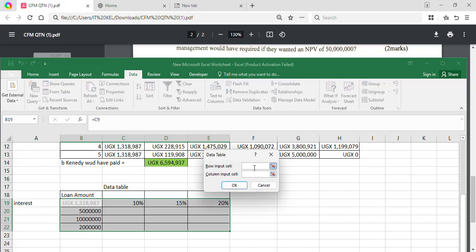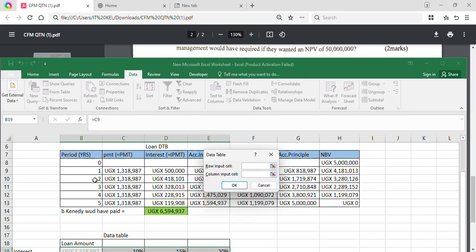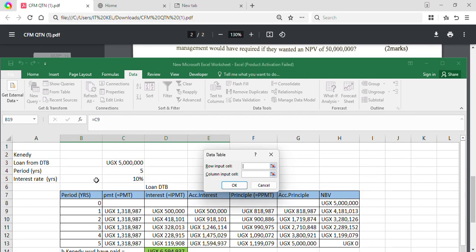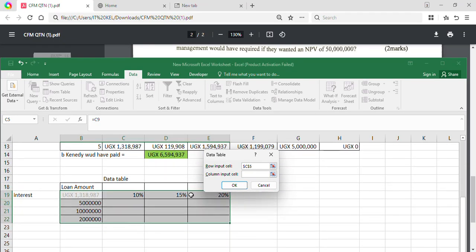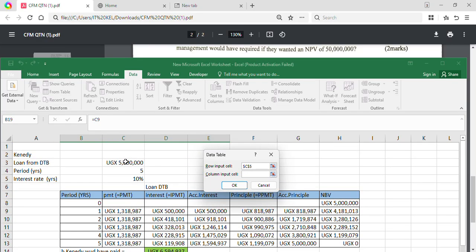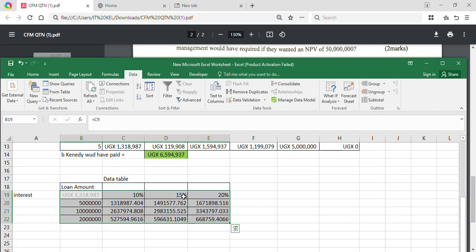Now the row input cells, they differ. The first row input cell, just put what they need, and I think in this form they will need the interest, which is this. And the column input cell, the column which is this, they will need the amount from the loan of DTB. Press enter. You come back when it has autofilled.